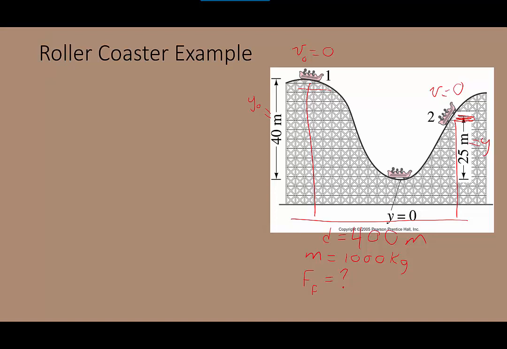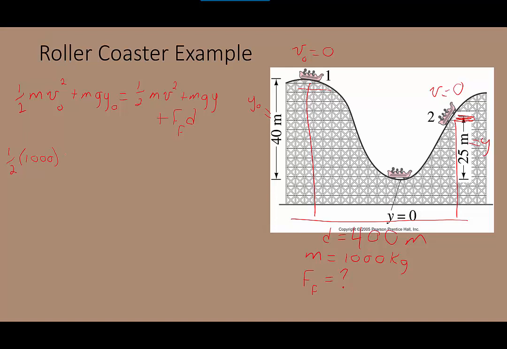If we use the equation that we ended with on the last slide, we can then say that 1/2 mv naught squared plus mgy naught is going to be equal to 1/2 mv squared plus mgy plus F_f d.